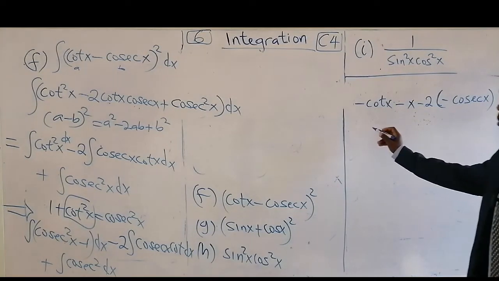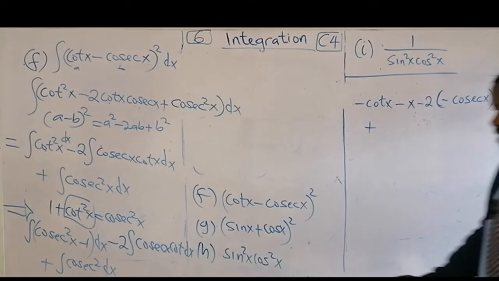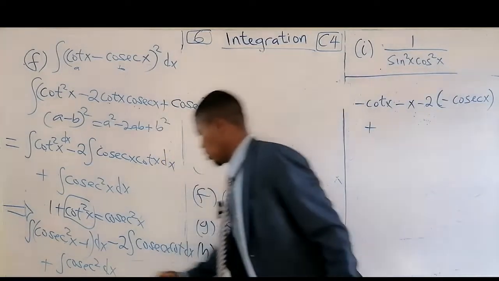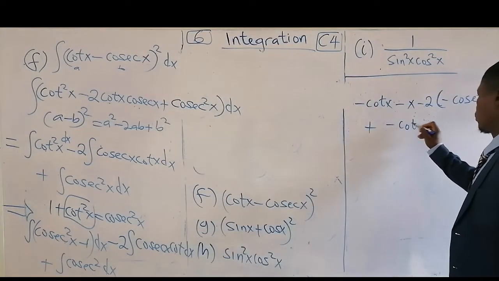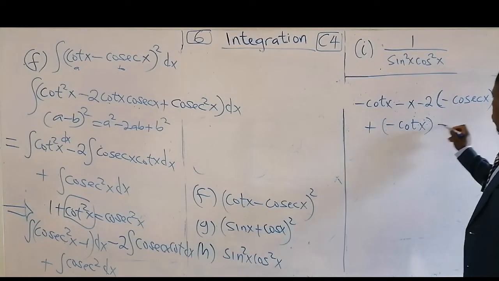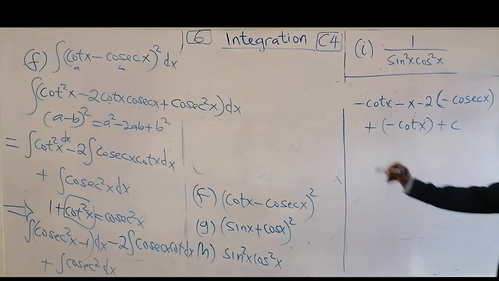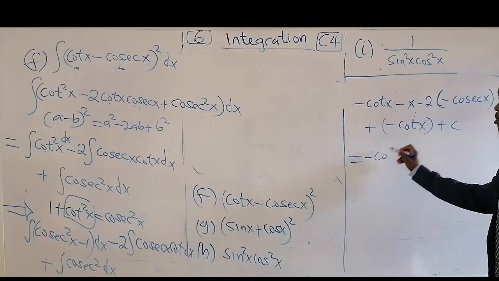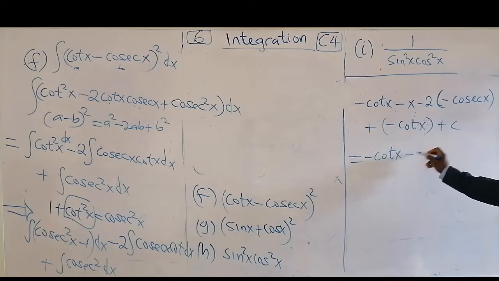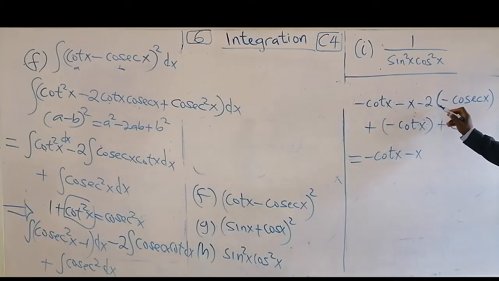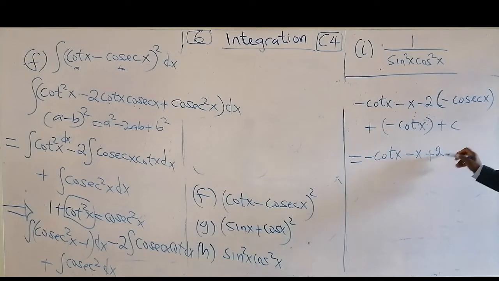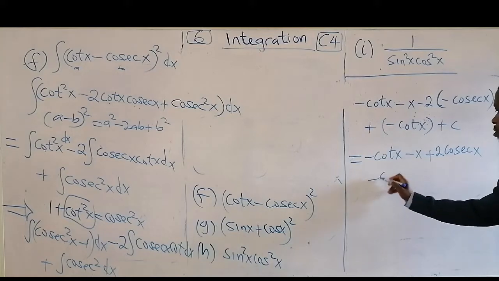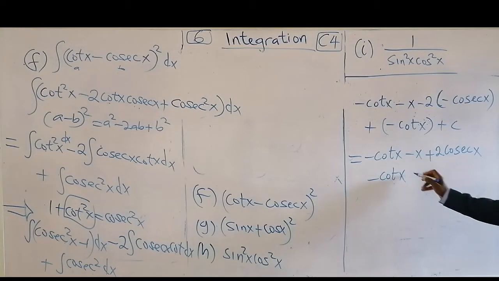Then plus the integral of this one, which is minus cot x plus c. So on the final note, that will be minus cot x minus x, then open this bracket, that will be plus 2 cosec x, then minus cot x plus c. So that's that on the F part.